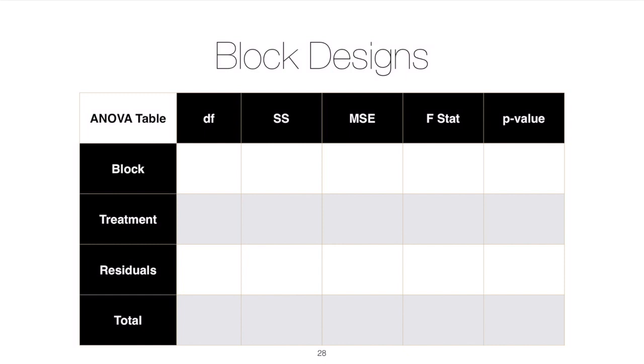And it's important to understand each cell, and especially important to know what tests are being performed with the p-values in the rightmost column. So let's start from the right and be clear on what tests are being performed over here. If we look at the row labeled block, and we go over to the column for p-values, this cell will test whether the blocking factor is at all significant.